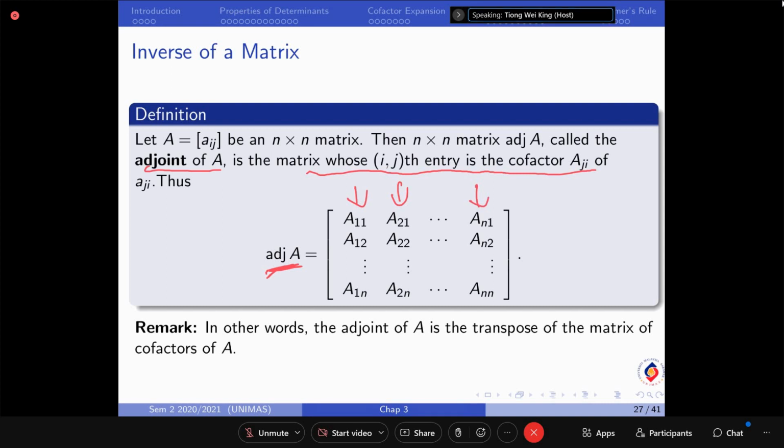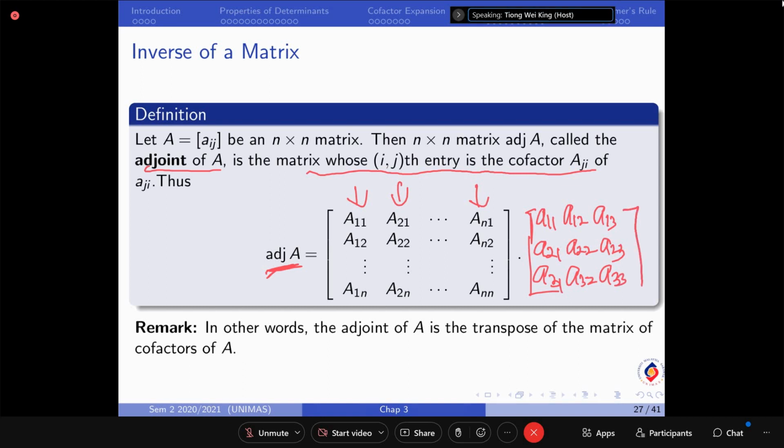Now the one thing you need to take note here is you look at the subscript here. Normally when we write a matrix, we write A11, A12, A13, and then A21, A22, A23, A31, A32, A33.